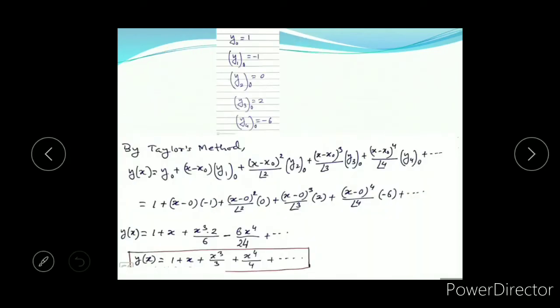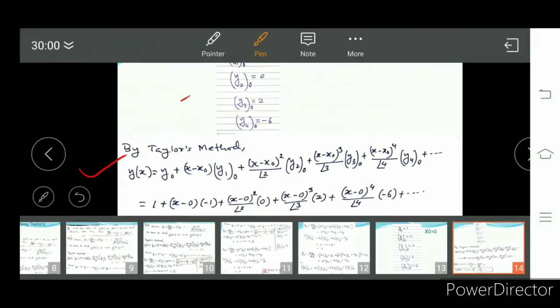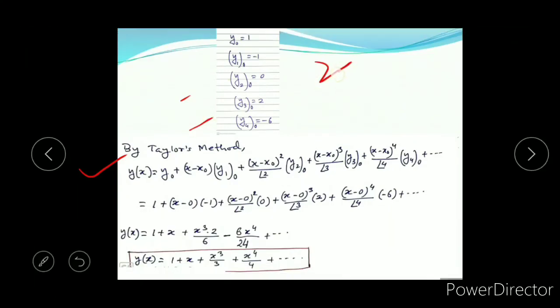Okay, so by Taylor's method, we are getting this formula, and putting the values of y0, y1(0), y2(0), y3(0), y4(0), and also x0 is 0, right?